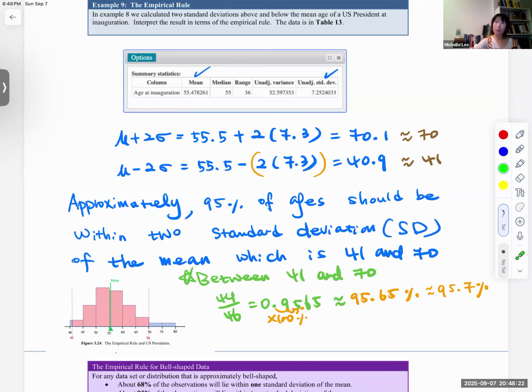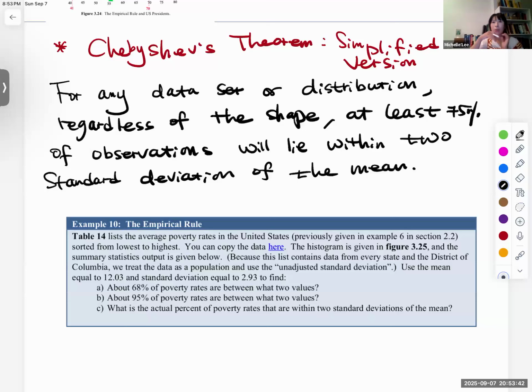So let me bring here, what is Chebyshev's? I wrote down Chebyshev's theorem, from the textbook. It's a simplified version for any data set or distribution. The empirical rule we can apply only to a bell shape, but Chebyshev's is for any distribution.